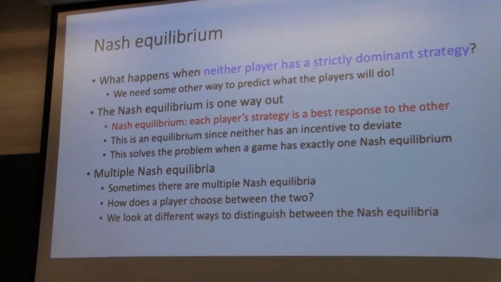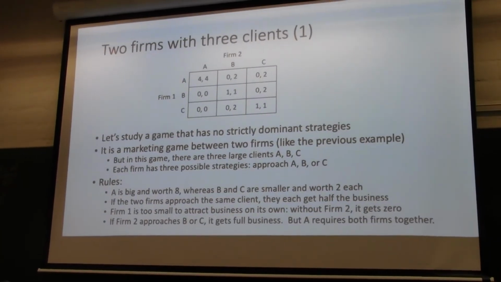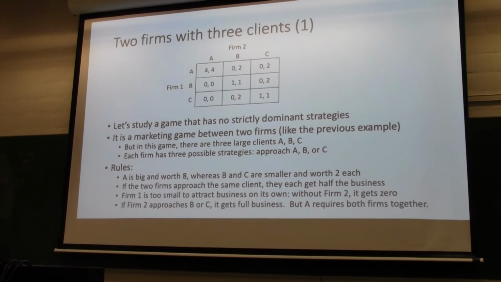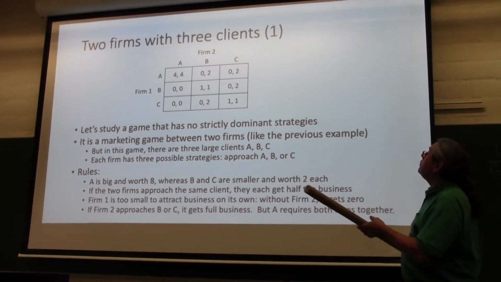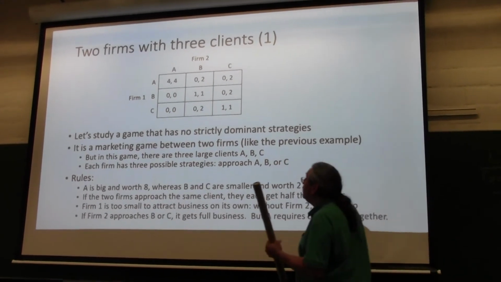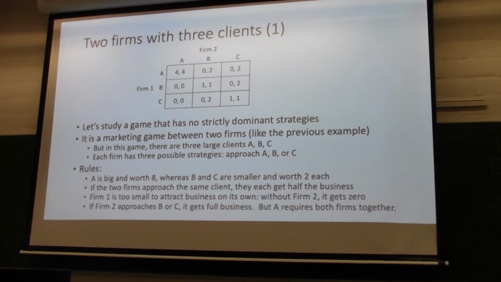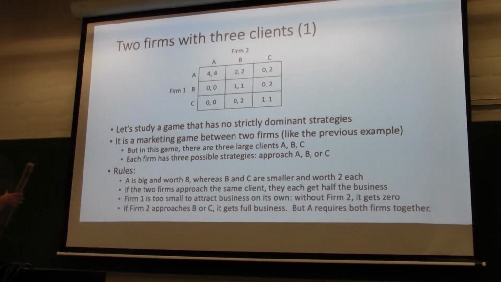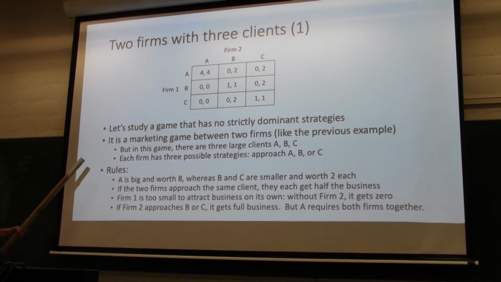Okay, so I'm going to make some examples. Let me start here. So here's an example. Now we have 3 choices. We have 2 companies, again, firm 1 and firm 2. These are very nice guys. I know them very well. And firm 1 and firm 2 have clients.